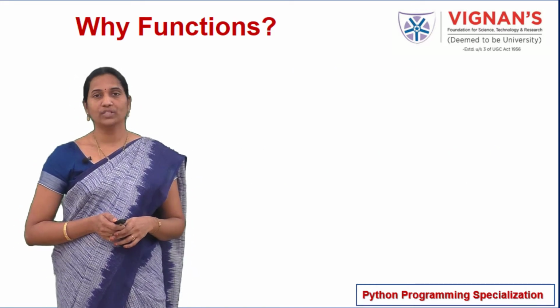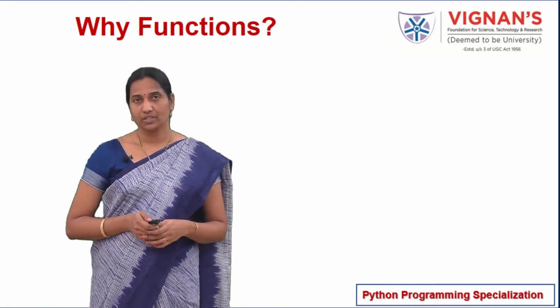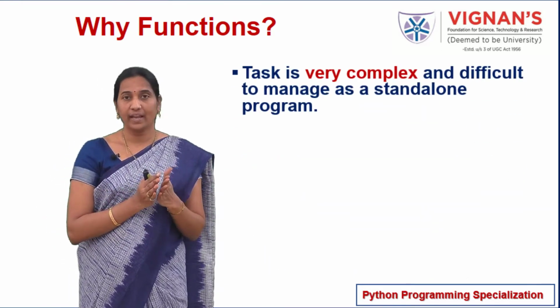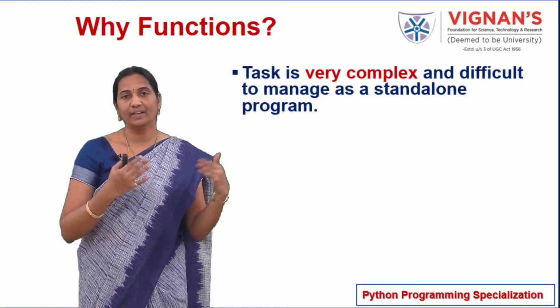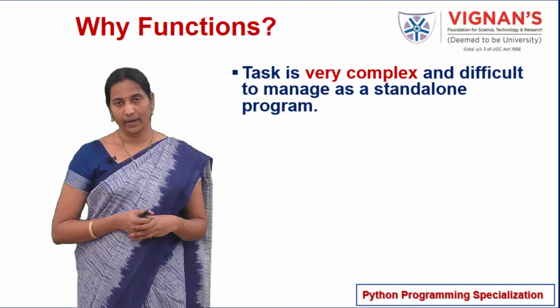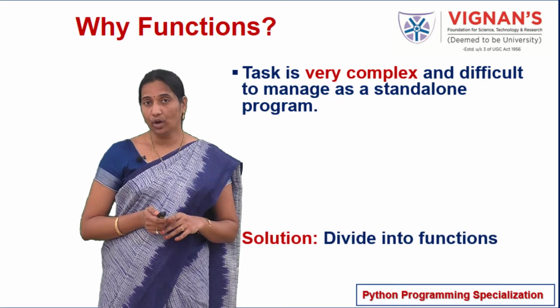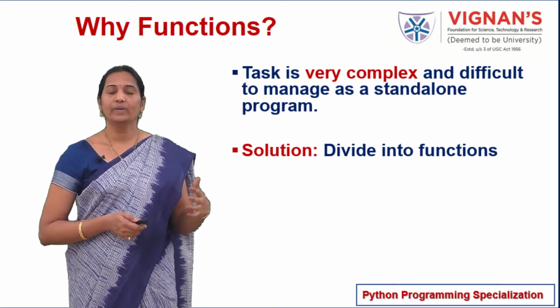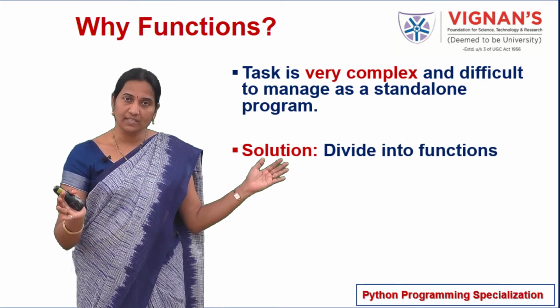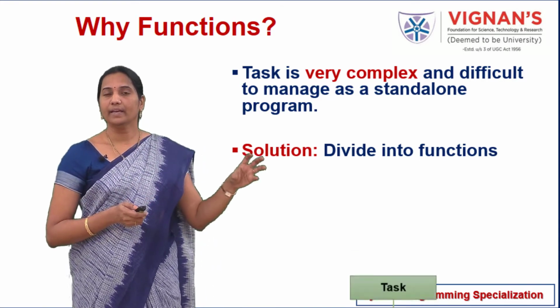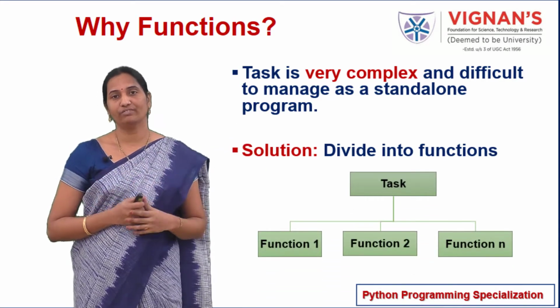So that is one situation where we need functions. In the other situation, given a task which is very complex and very difficult to manage as a standalone program, instead of managing that as a standalone program, we can divide that entire complex task into smaller chunks, and then implement each small chunk as an individual function.